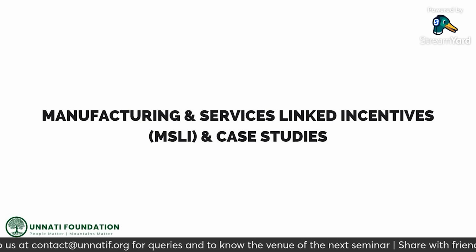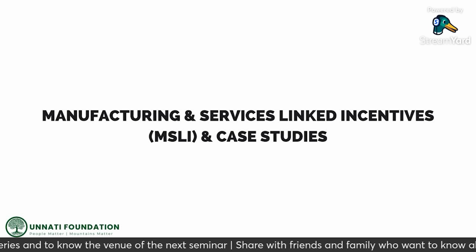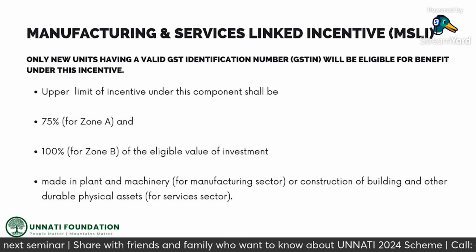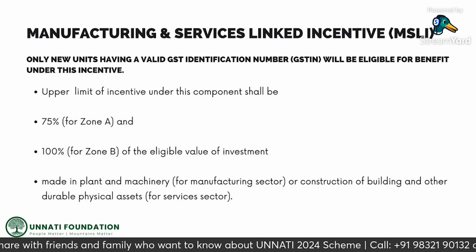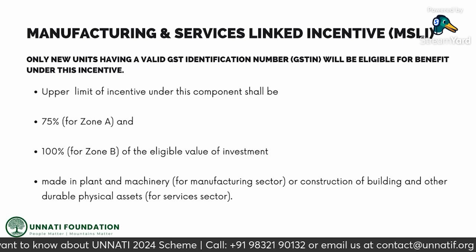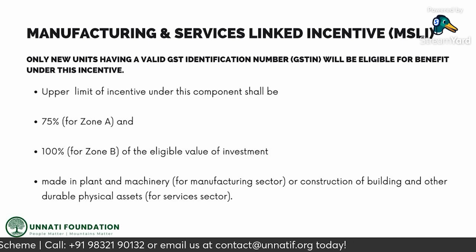Now, this incentive is basically a performance linked incentive. That is, the more business you generate, the more subsidy you can claim. And how do you quantify the business generation? That is through the amount of GST you are going to be paying.